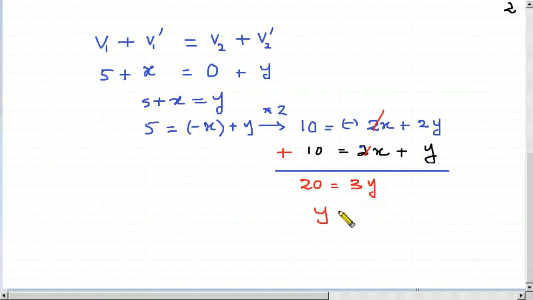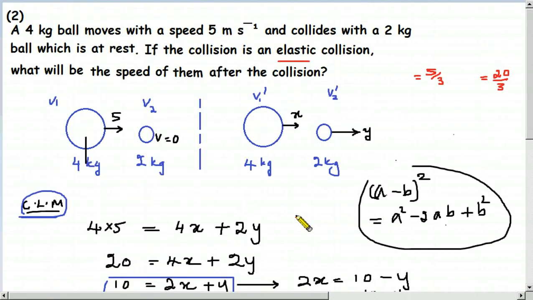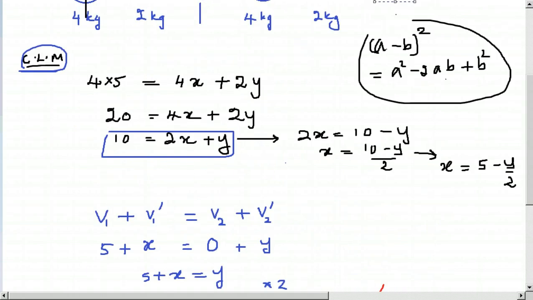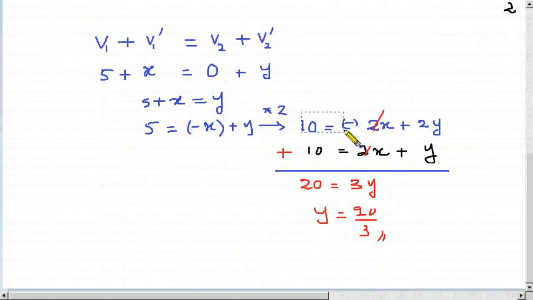Then y equals 20 divided by 3. Very easy, no? Y equals 20 divided by 3, the same answer. So the same way you have to find x, substitute into this equation. Or you can use this one. Or you can use what we already have, this one, but without cancelling.